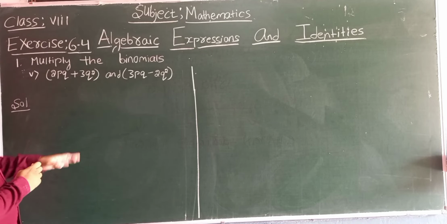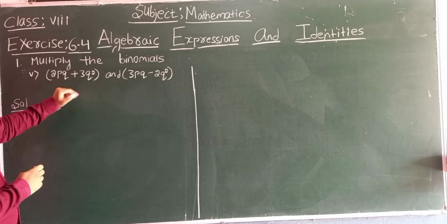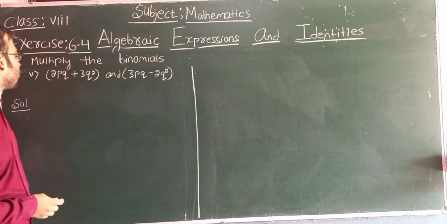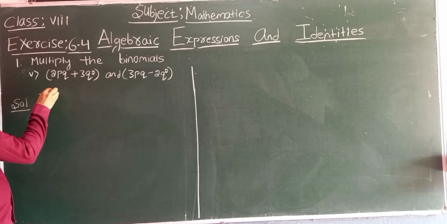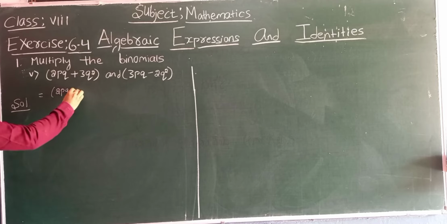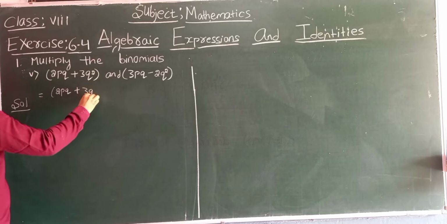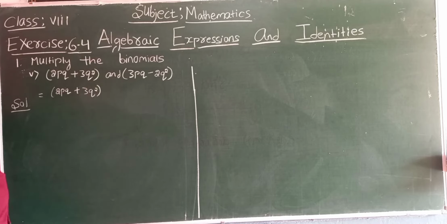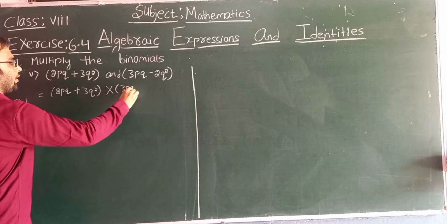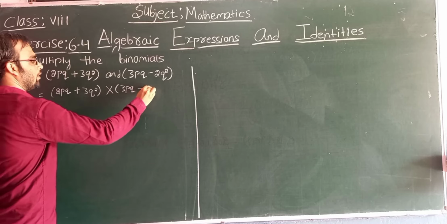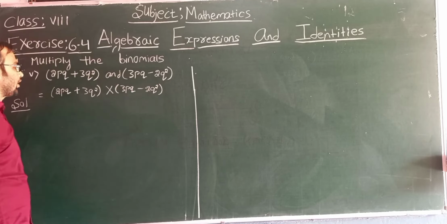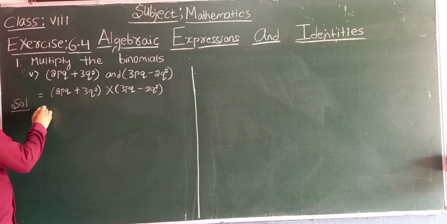Here what they are given: 2pq plus 3q square and 3pq minus 2q square. So write here 2pq plus 3q square into 3pq minus 2q square. What is the next step?